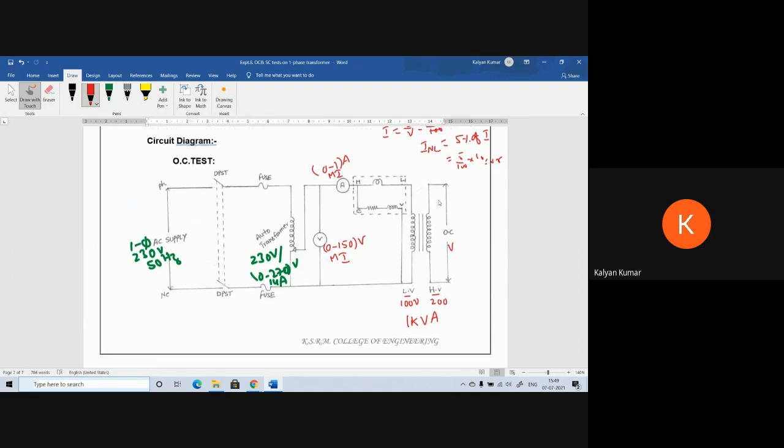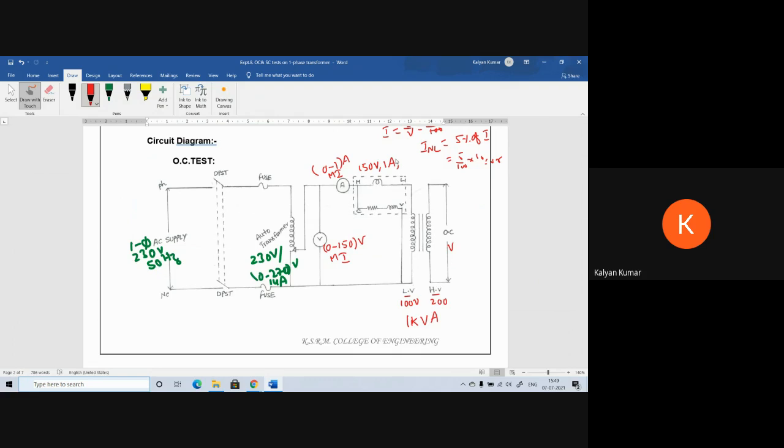Now coming to the wattmeter, as the wattmeter measures real power, we need to specify the voltage rating, current rating and power factor for the wattmeter. Here the voltmeter is 150, so the voltage range we can use is 150 volts, and the current specification is 1 amp, and as it is operating at low power factor, the power factor will be less than 0.5 for the transformer.